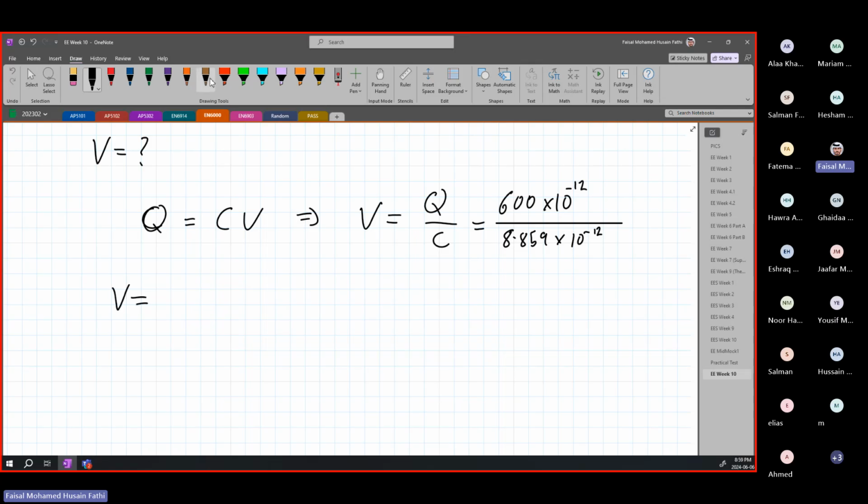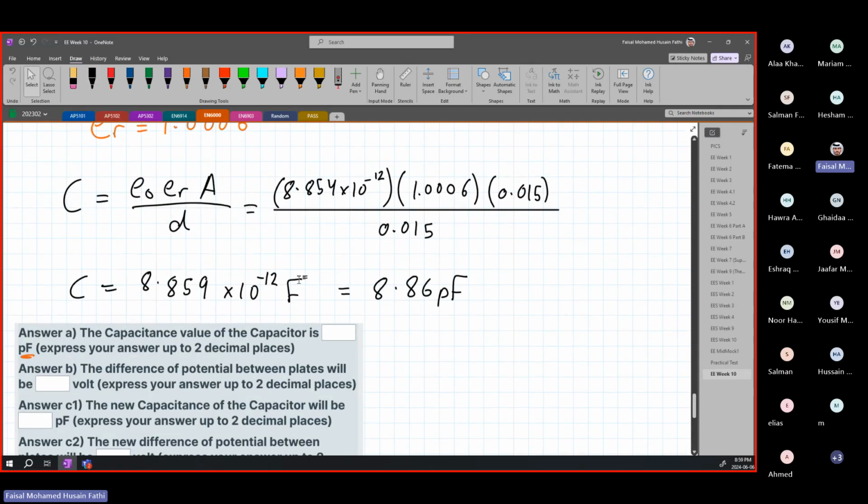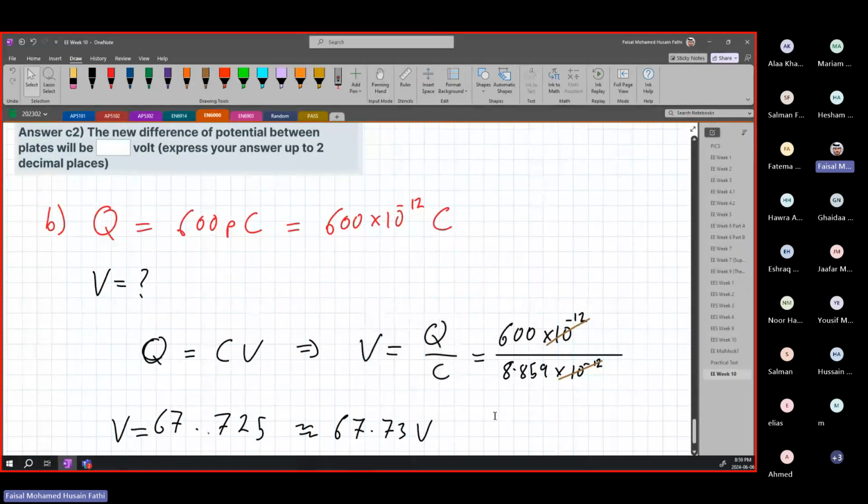So V is equal to, you can technically just cancel these two because the number is the same. So 600 divided by 8.859, I get 67.725. To 2 decimal places, 67.73 volts. The last part, very basic, just apply equation V equal Q over C.